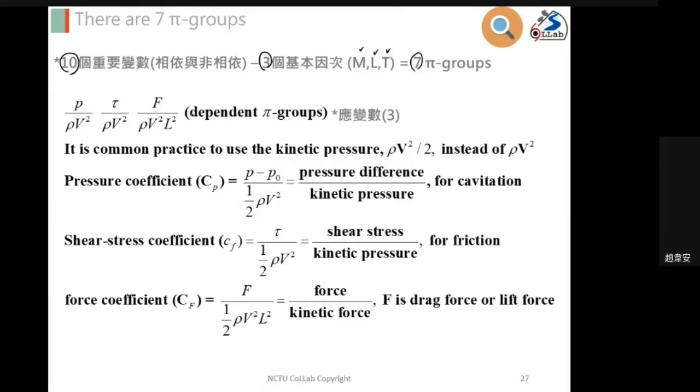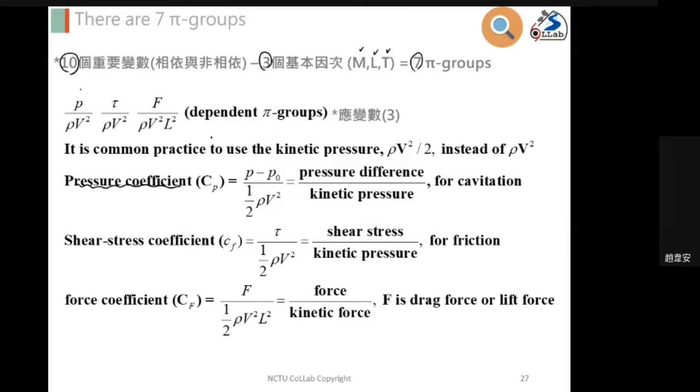First we show the 3 dependent pi groups. The first one we call the pressure coefficient. Second, the shear stress coefficient. And the final one is the force coefficient. We use the different names Cp, Cf, and capital CF.